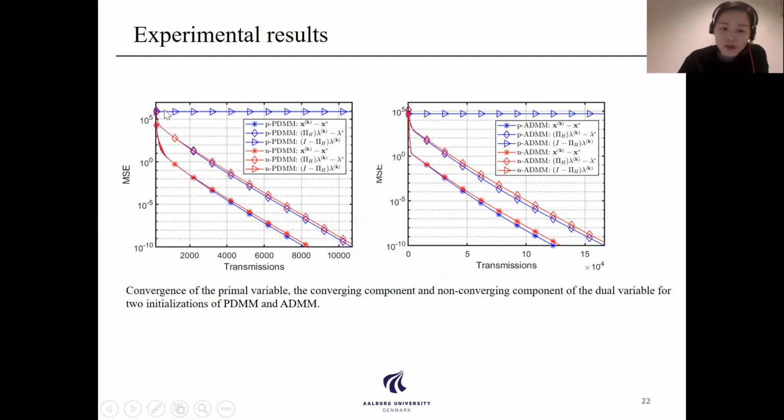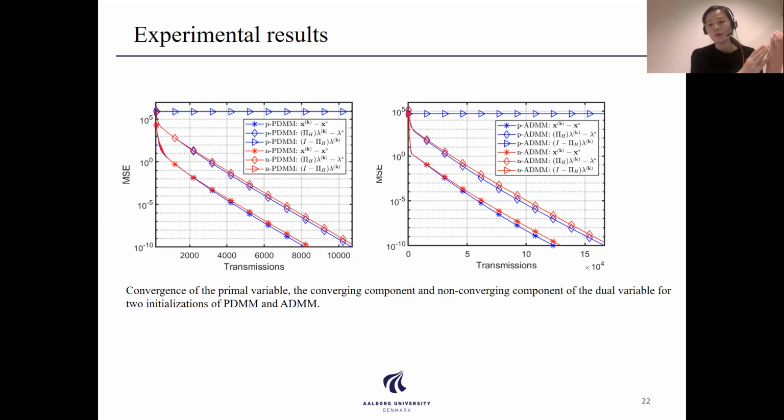These two lines, with the star and with the triangle, are the dual variable projected into the converging subspace, and also x, the optimization variable.